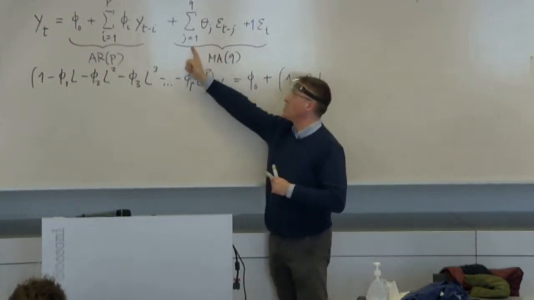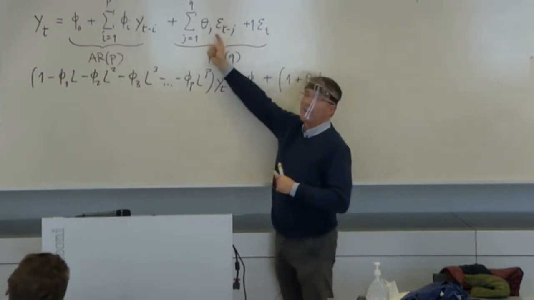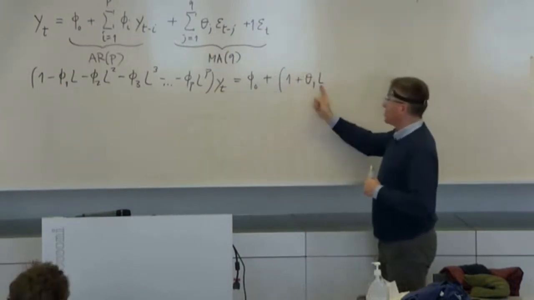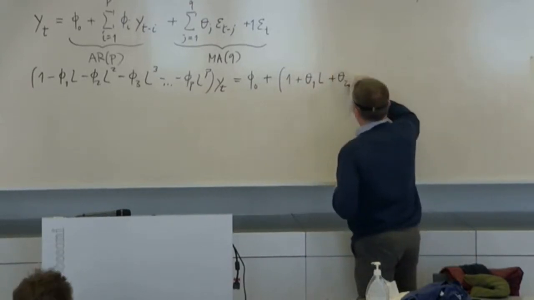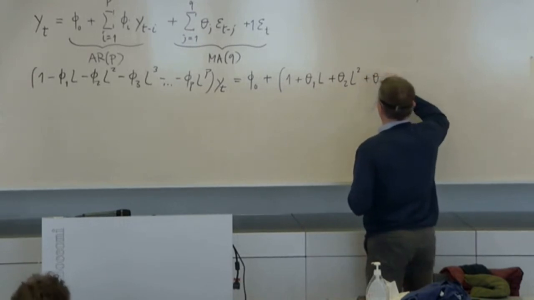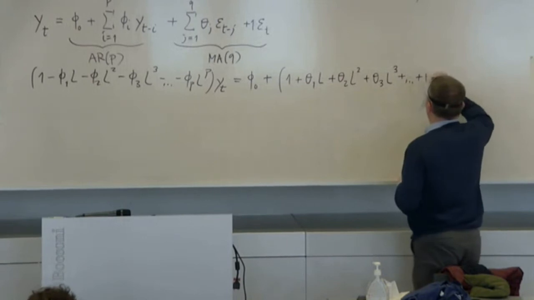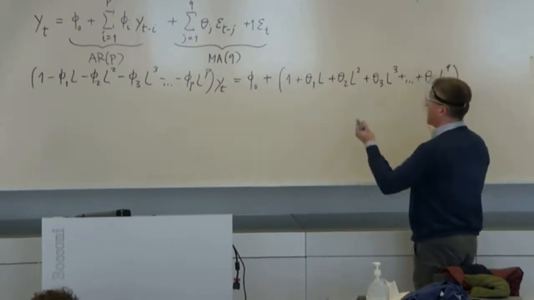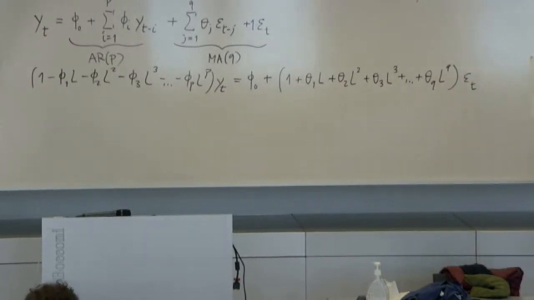It's theta j when j is equal to 1, multiplying a lag of epsilon, 1 lag, and the lag is produced by applying the operator L. Plus theta 2, L to the power 2, by symmetry. Let me also do the third, L to the power 3 here, dot, dot, dot. And then I've got the theta q, L to the power q. Everything is collecting together, and it multiplies epsilon t.